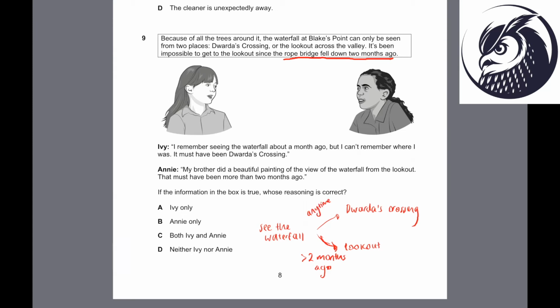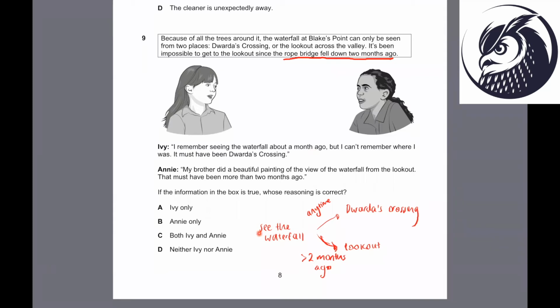All right, so with that flowchart in mind, now let's assess Ivy's statement. Ivy says, I remember seeing the waterfall about a month ago, but I can't remember where I was. It must have been Dwada's Crossing. She went to see the waterfall about a month ago.